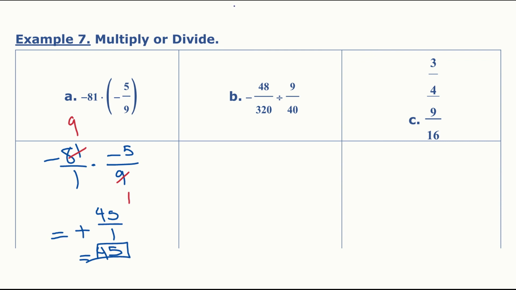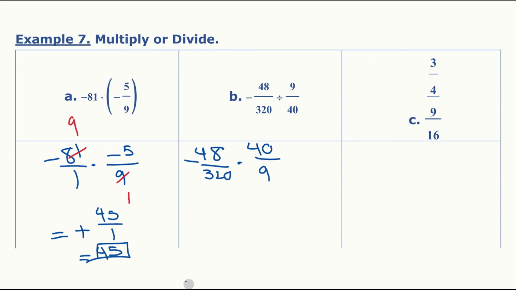Okay. So let's try this one. We have negative 48 over 320. We're going to go ahead and turn that division into multiplication and invert the second fraction.